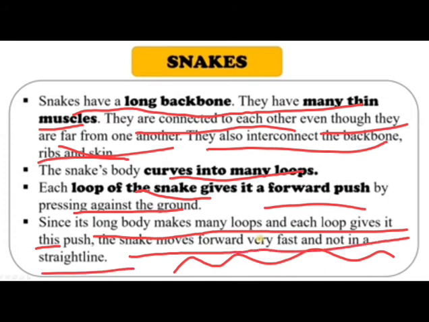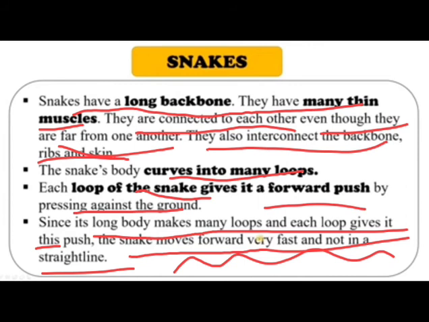So snakes never move in a straight line. They always move by forming these kinds of loops, and these loops help them in forward push.